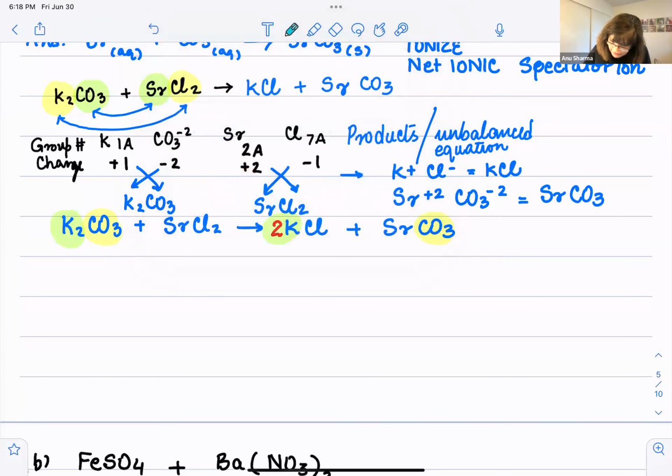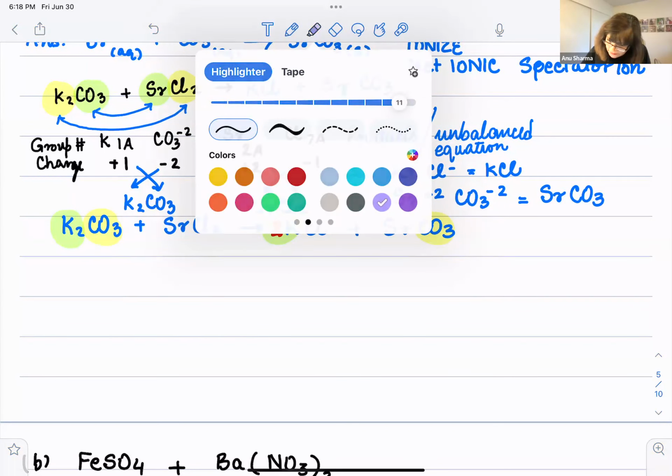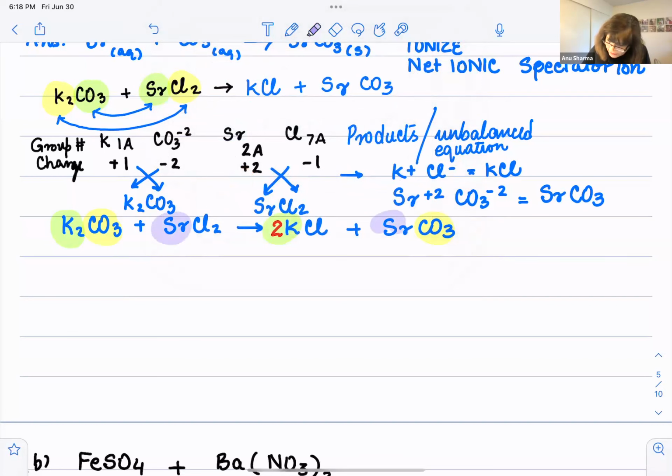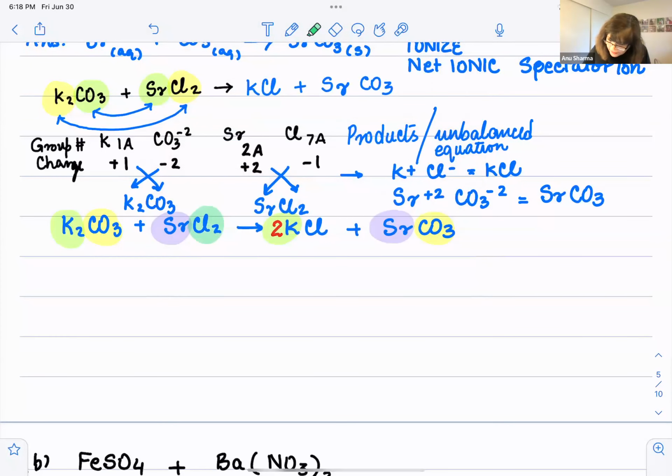There is 1 strontium, 1 strontium, and there are 2 chlorines, 2 chlorines. The coefficient 2 applies to the chlorines.